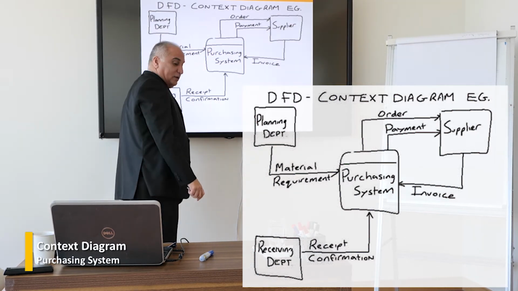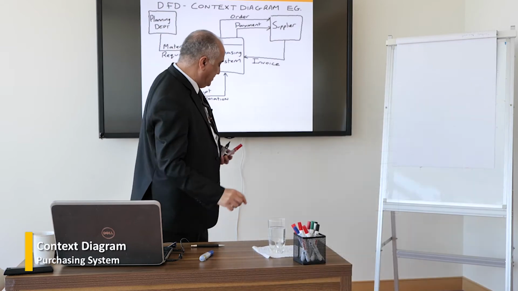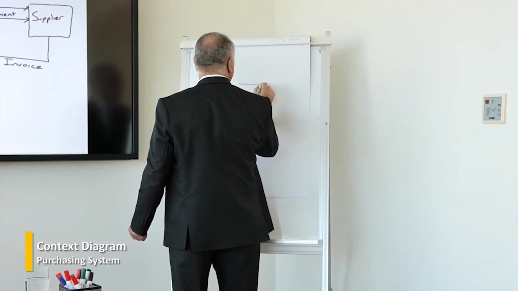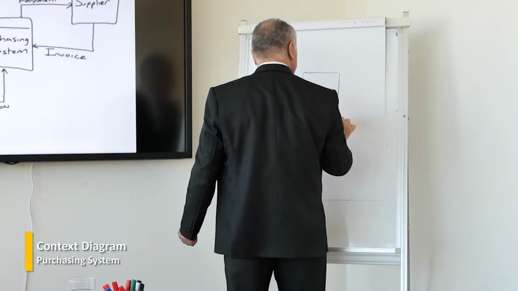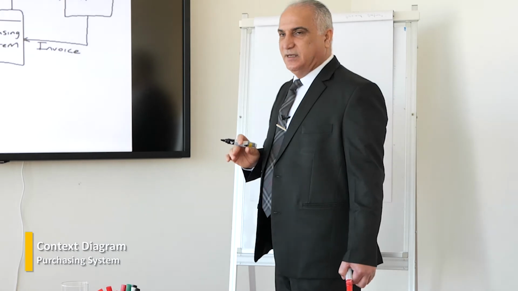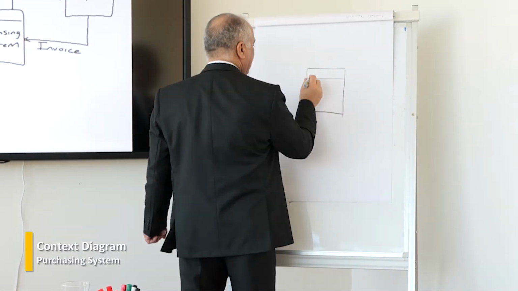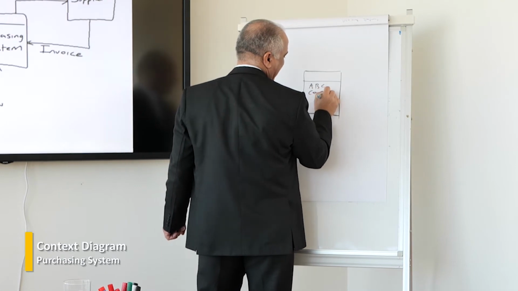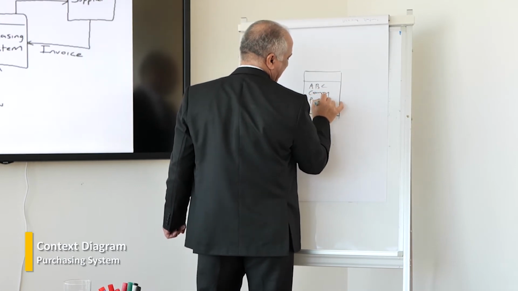So now let's go into this again, as an example. I have a context diagram for a system. We call it purchasing system. In this case, we're going to call it ABC company purchasing system.